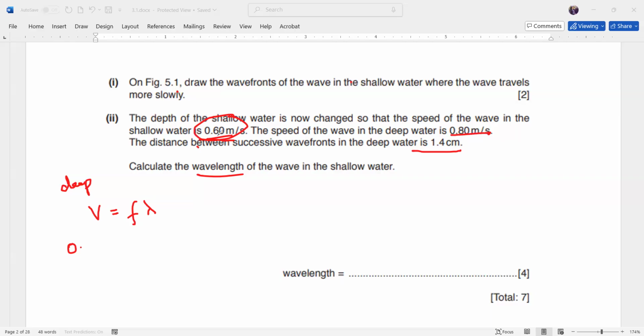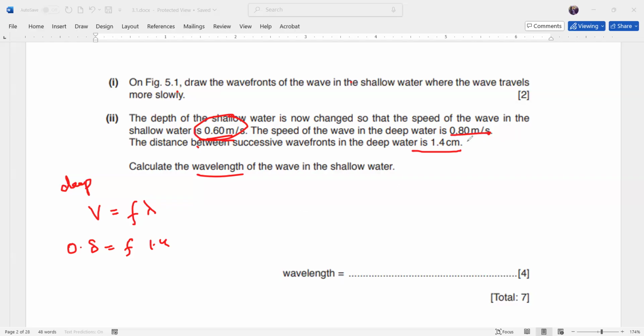So we use the formula v equals f lambda. v is the speed, that is 0.8. f is the frequency, which we don't know. And lambda is the wavelength, that is 1.4. But speed is given in meters per second, so the wavelength should be in meters.